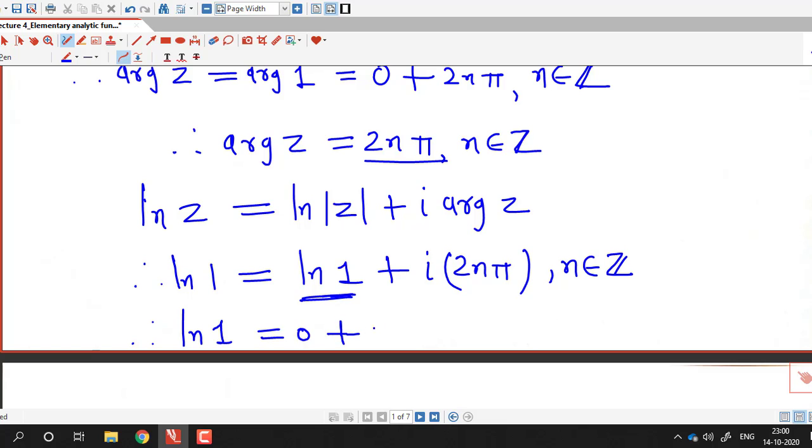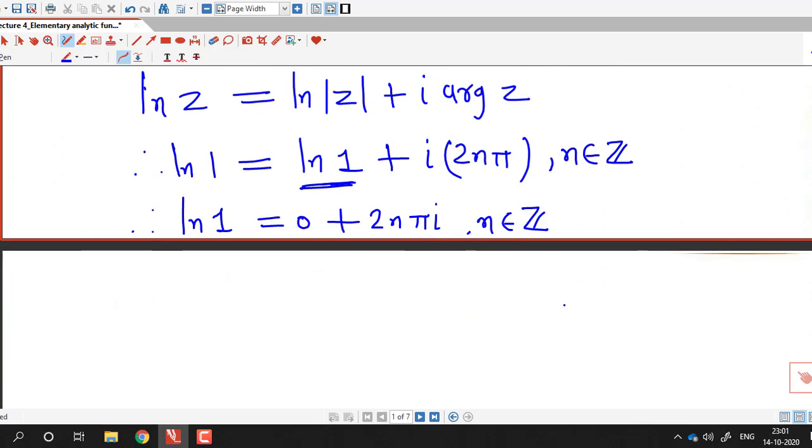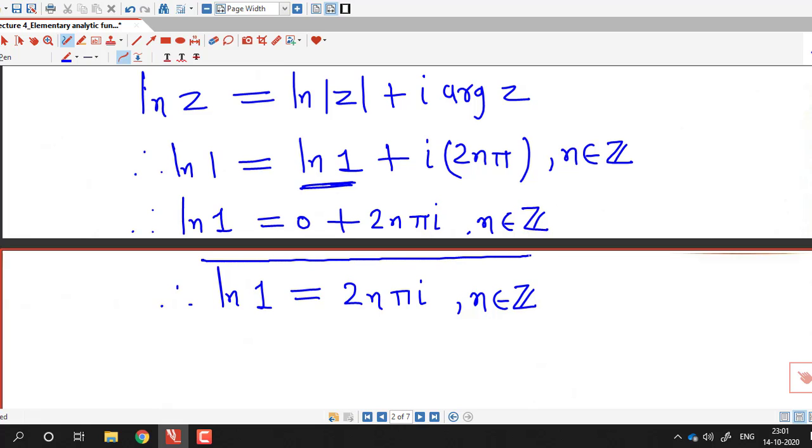So this is 0 plus 2n pi i, n belongs to Z. Finally we obtain log of 1, if we consider 1 as a complex number, is 2n pi i, n belongs to Z. You can see there are an infinite number of values for the logarithm of 1 if we consider 1 as a complex number.